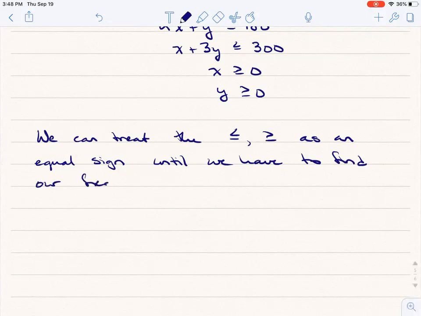That's when we need to know, okay, do I want to be below this line or above this line?